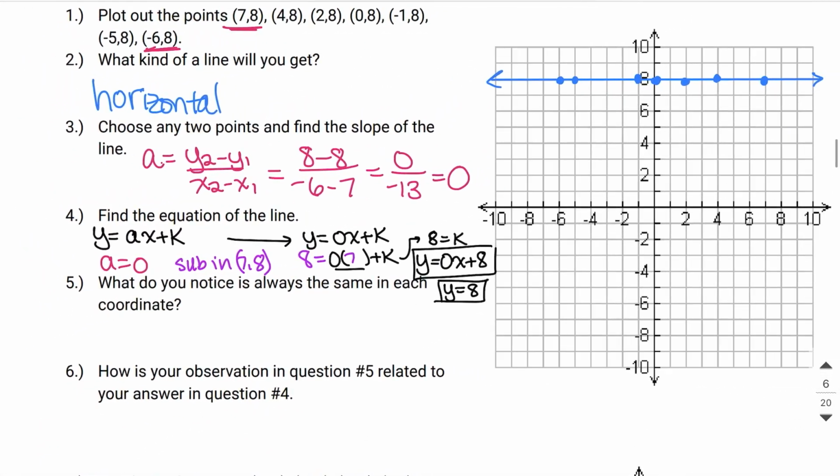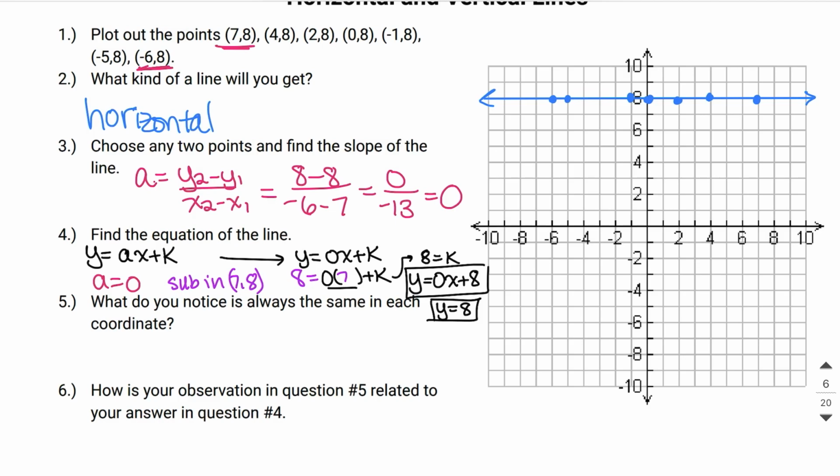So the next question says, what do you notice is always the same in each coordinate? So hopefully you see that the y value is always going to be the same in each coordinate when I have a horizontal line. And it's not a coincidence that that y value is 8. It's also not a coincidence that our y-intercept is 8.